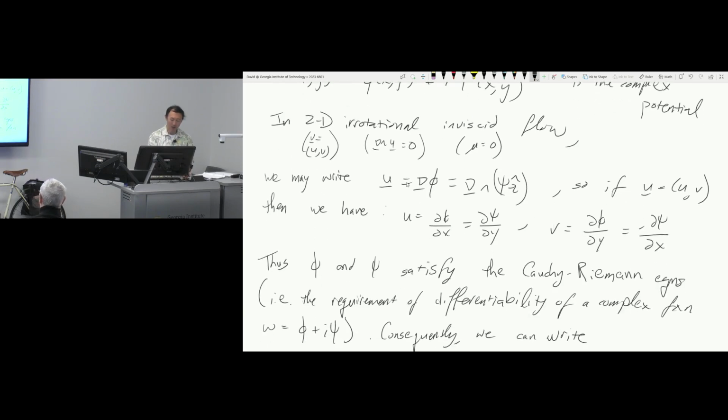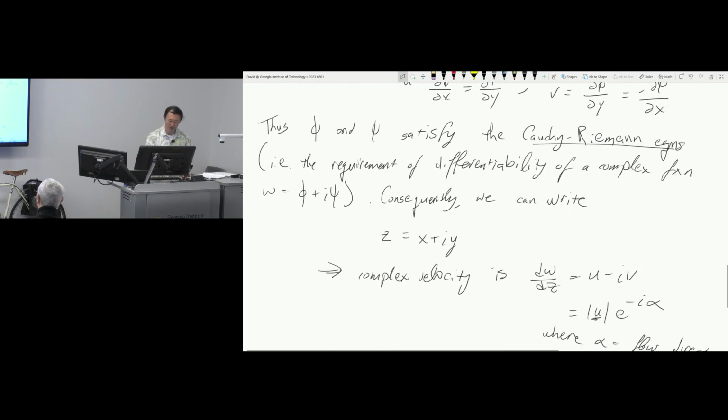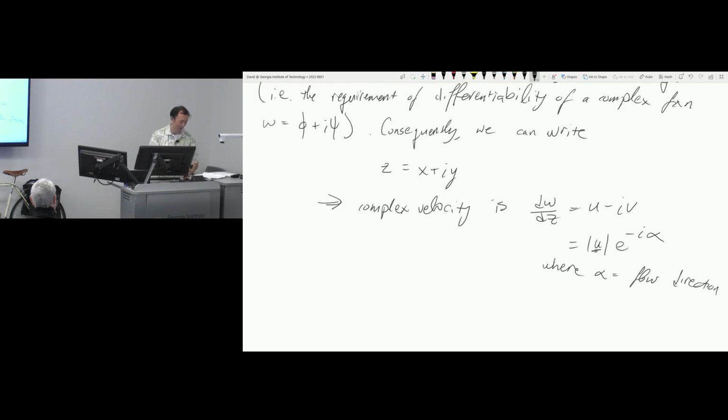Because U has the following definitions, Cauchy-Riemann tells us the velocity, with a horizontal and a vertical component, is equal to the derivative of w with respect to z, where z is equal to this. With this notation, the complex velocity has the following direction, where alpha is the direction of the flow. We're going to practice with a couple of different kinds of flows.